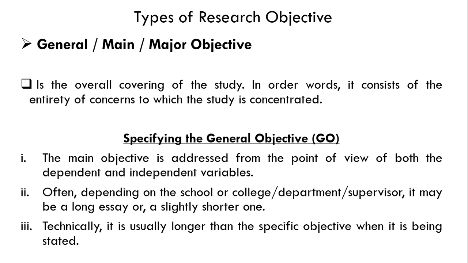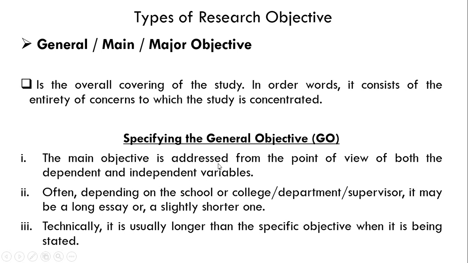Basically, the main objective is addressed from the point of view of both the dependent and independent variable. What we mean here is that while you are specifying your general objective, your discussion often centers around emphasizing your dependent variable and your independent variable, as the case may be.